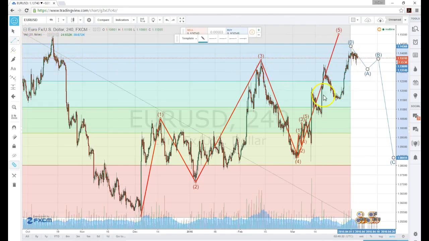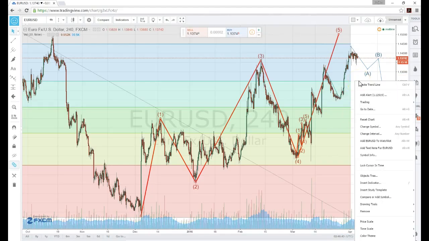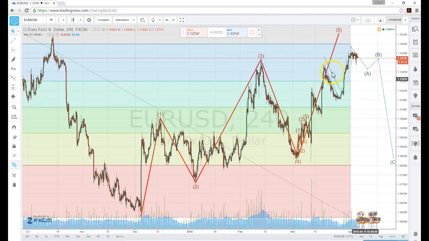I could take this last push, swing low, swing high to swing low. Take this line. Copy it. It's all about market geometry. Paste the trend line.